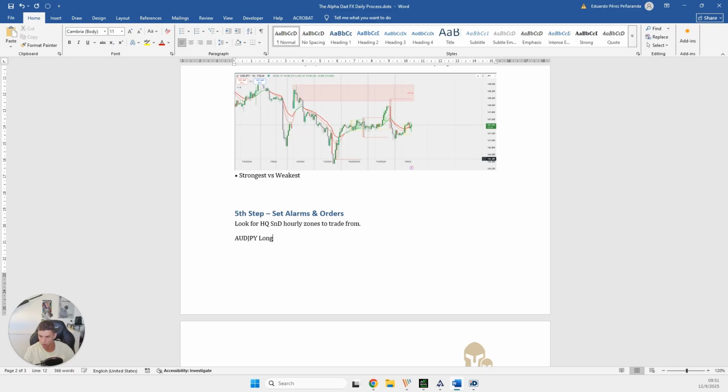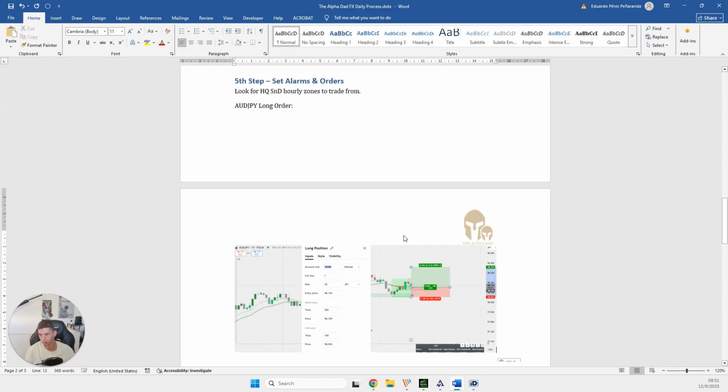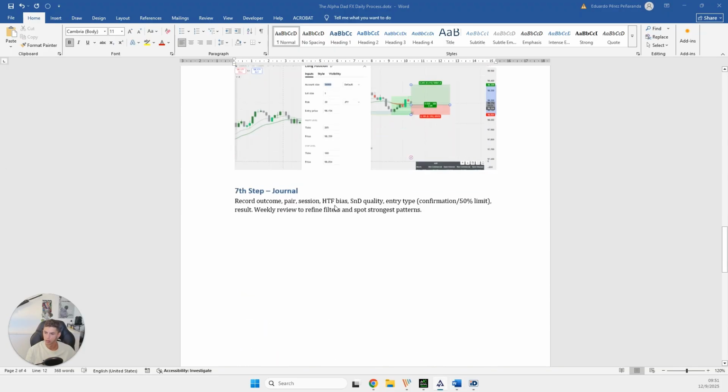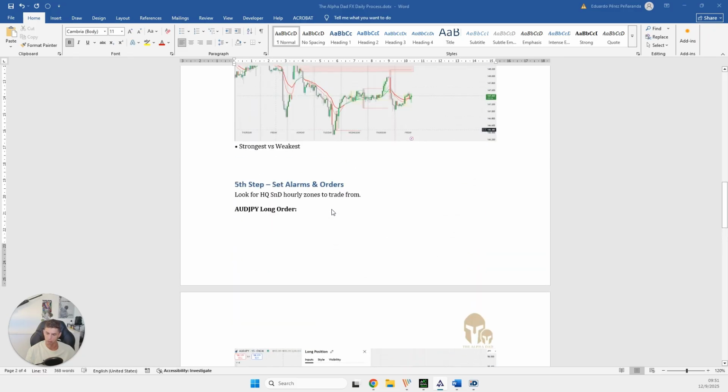AUDJPY long order. Boom. There you have it. Don't get carried away by my market execution, right? I'm going to respect this one. I'm going to do another entry when it touches this level. You can do both.